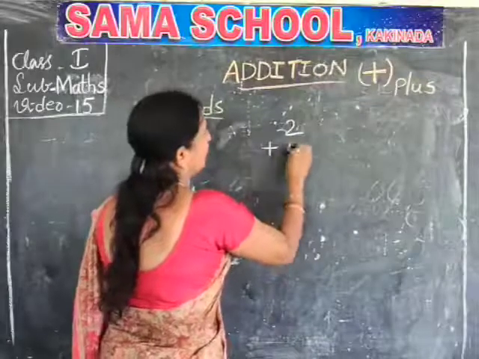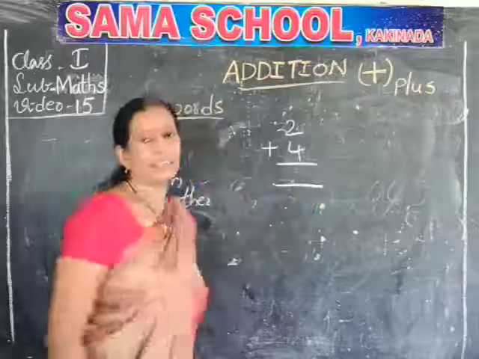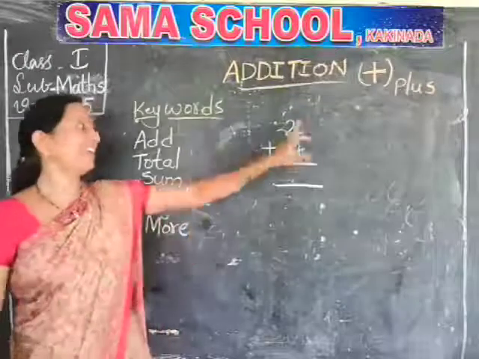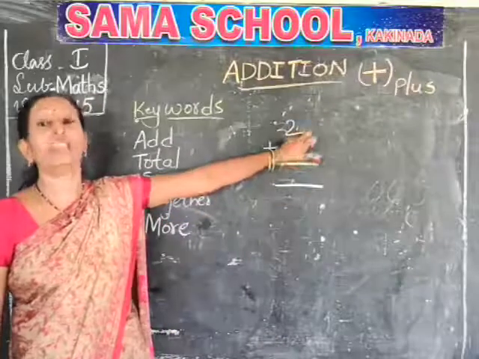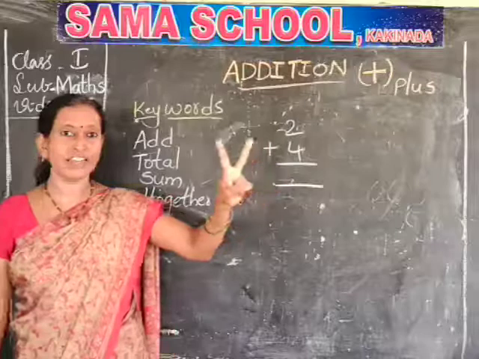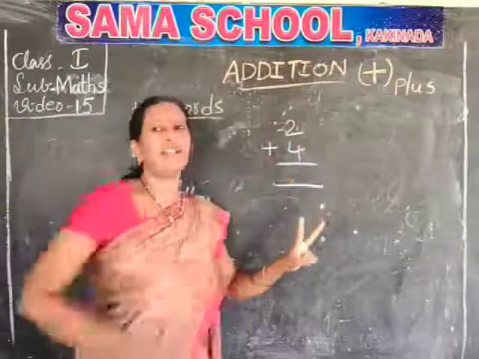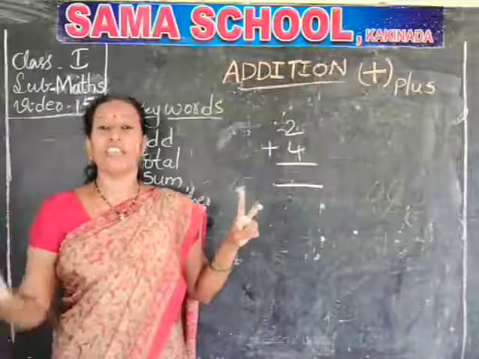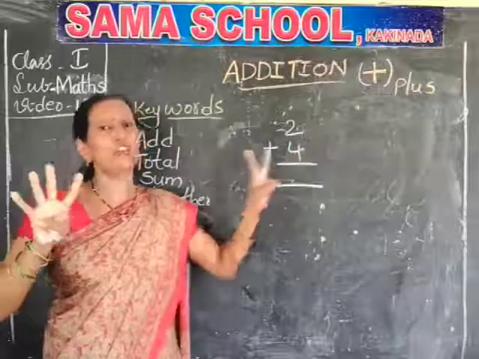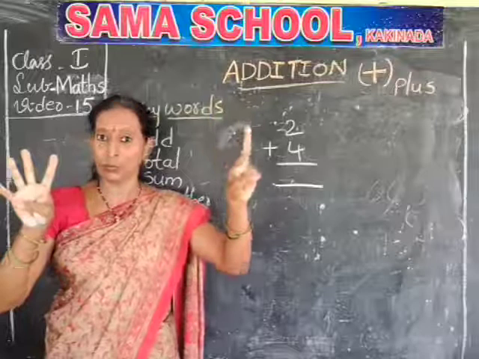2 plus 4. You use your fingers and add. Here what is the number? 2. So in the left hand you take 2 fingers. And here what is the number? 4. In the right hand you take 4. Now these 2 plus 4 you add. 1, 2.